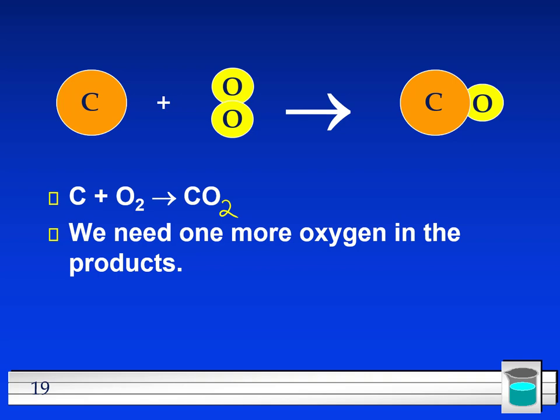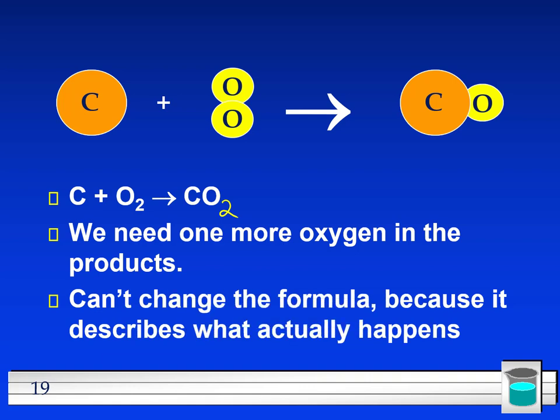Talk about something completely different. I can't change the formula because the equation describes what really happens. I have to make carbon monoxide. I can't just put a 2 here. I just can't draw another oxygen over here and say, ooh, we're done. That doesn't work. Can't do that. Those have to go away. Because the equation is a sentence that describes what really happens.